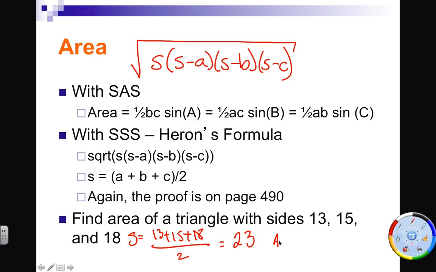So I could just say area equals the square root of 23 times 23 minus 13, which is 10, 23 minus 15, which is 8, and 23 minus 18, which is 5. And that's such a cool formula because it doesn't really require any trig, any angles, or a height. There's no half involved. It's really super cool to me.